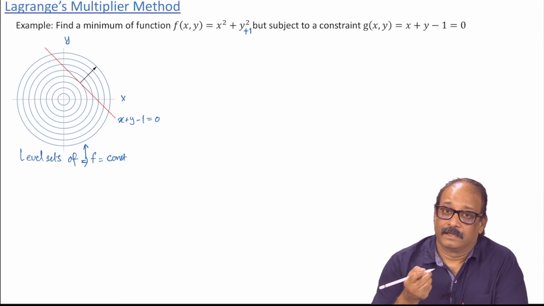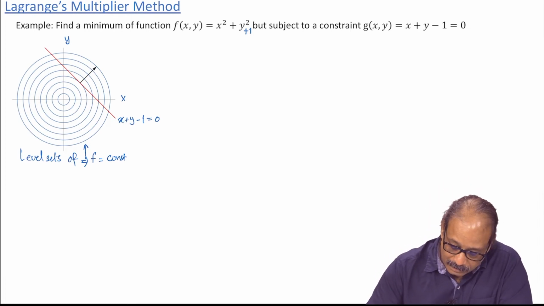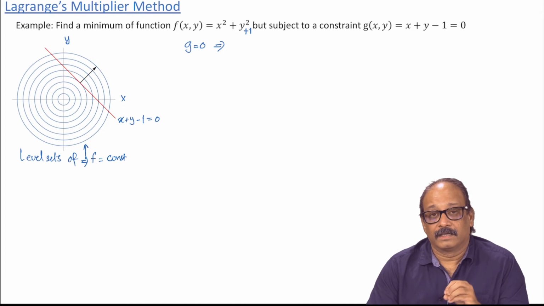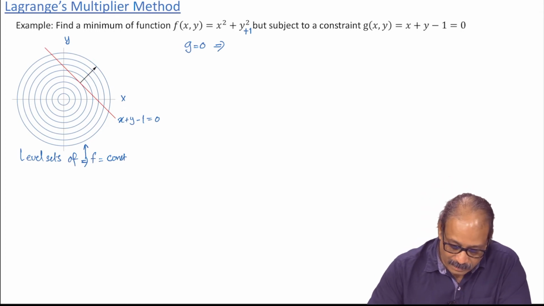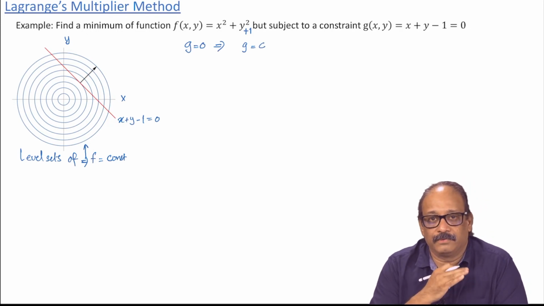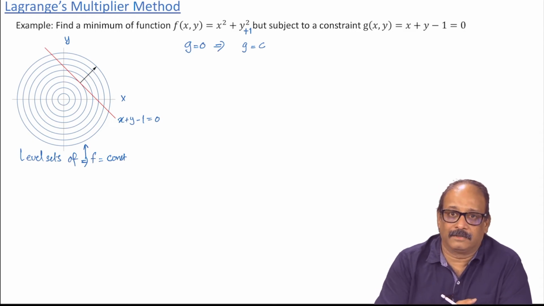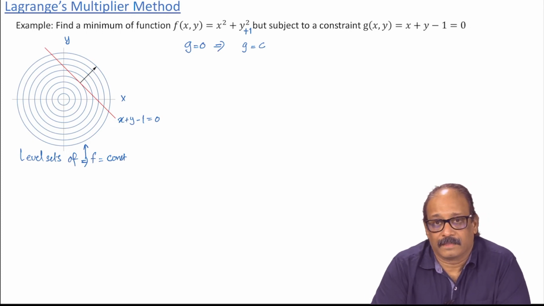And remember, this particular equation g is equal to 0 gives me the straight line, but this straight line also can be thought of as one of the family G is equal to C. G is equal to C also will give you level curves, and in this case those level curves would be lines which are parallel to the red line which is here.